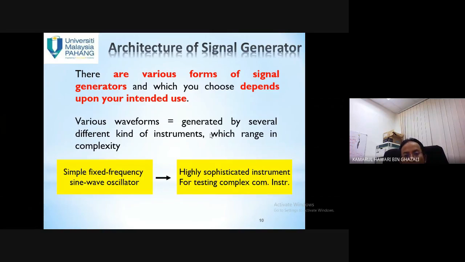So this is the architecture of signal generator. There are various forms of signal generators, and which you choose depends on what you want to do.